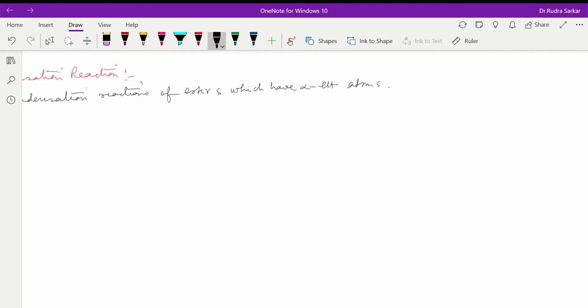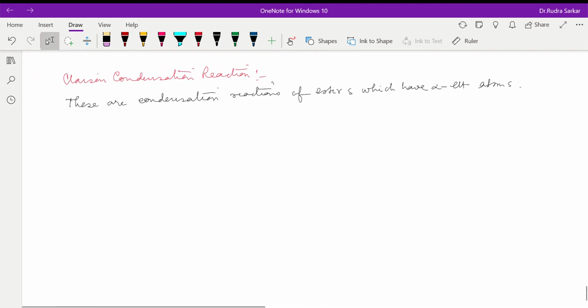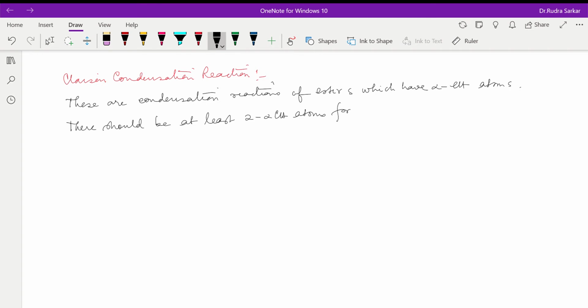Okay. The criteria is that there should be at least 2 alpha CH atoms for the reaction to occur.